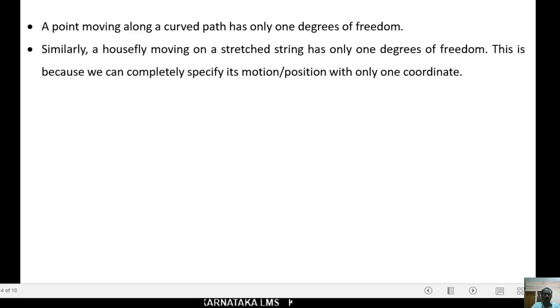Similarly, a housefly moving on a stretched string has only 1 degree of freedom. It is because we can completely specify its motion or position with only one coordinate. That means only one axis.